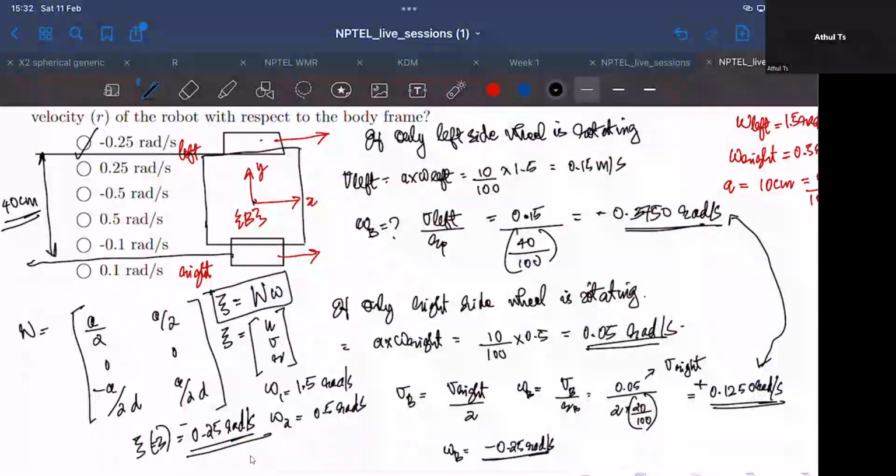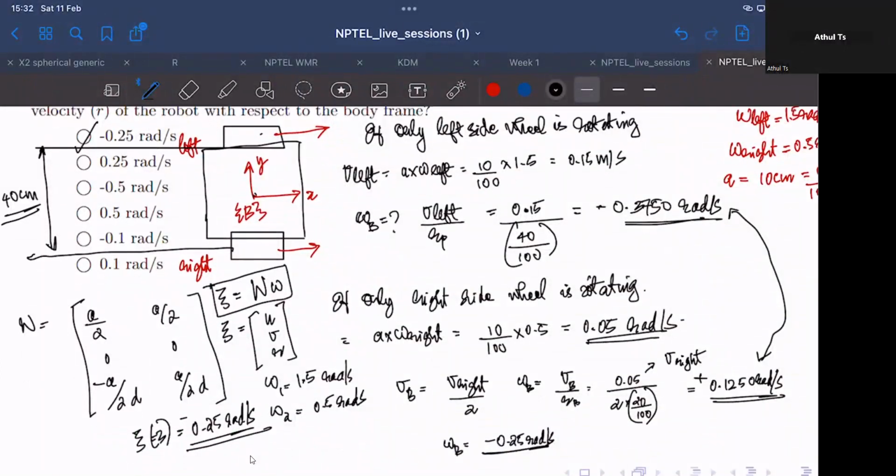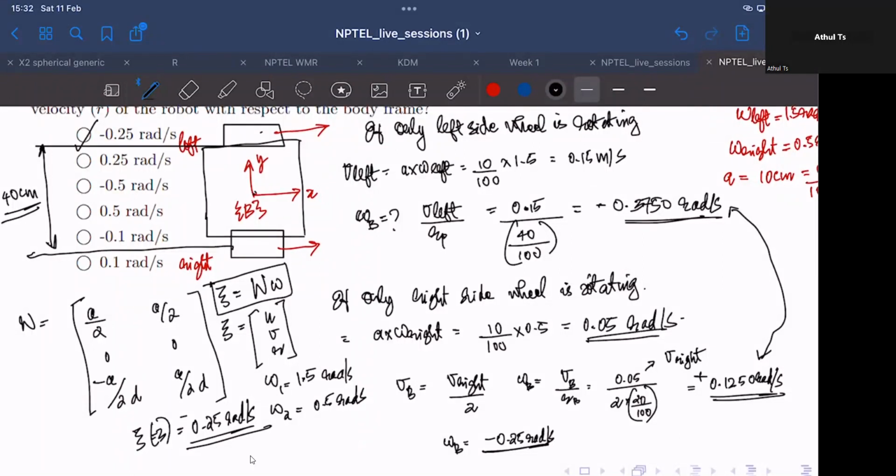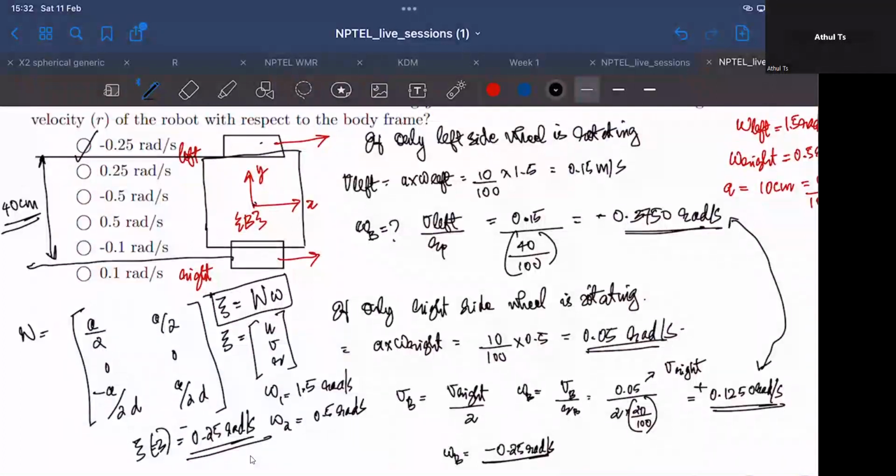You will also get U, V, R from the zeta values. If you substitute the angular velocity values and the geometric parameters into the wheel transformation matrix, you will still get the correct answer, minus 0.25 radians per second. Either way is fine, no problems.